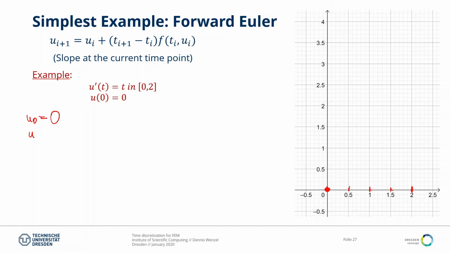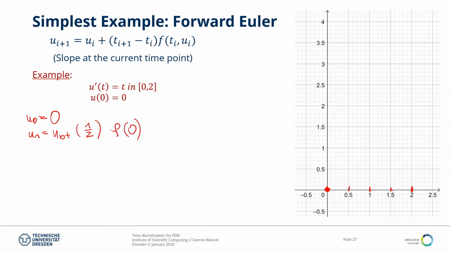Okay, and then what happens if I want to compute u1? Well, for u1, I have to take u0 plus the time difference, which is 0.5, times f of my current time point, so f of 0.